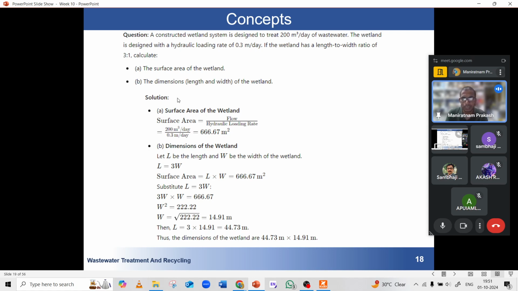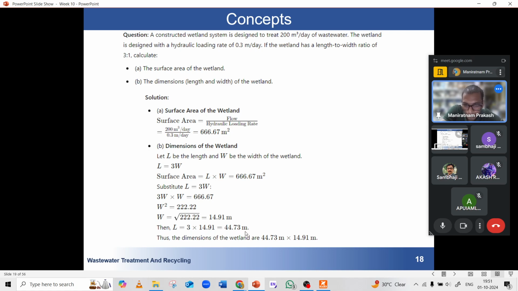The flow is already given to you, the hydraulic rate is already given to you. So the area will be this many meter cube. Let the length be L, and the ratio is already given in the question as 3:1. So if the width is W, then L will be 3W. Then surface area will be L into W.